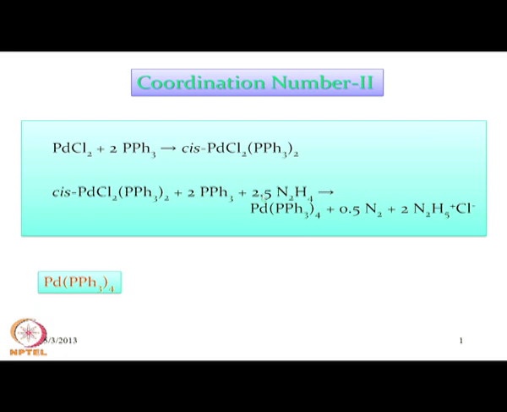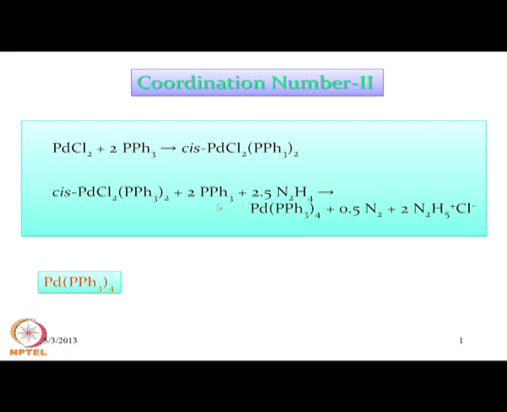So, once we reduce this, hydrazine is playing a double role in this reaction system, where it is the source of electrons to reduce palladium 2+ to palladium 0, and at the same time, when we reduce it to the 0 oxidation state, it will not have any attraction for the chloride as a ligand.